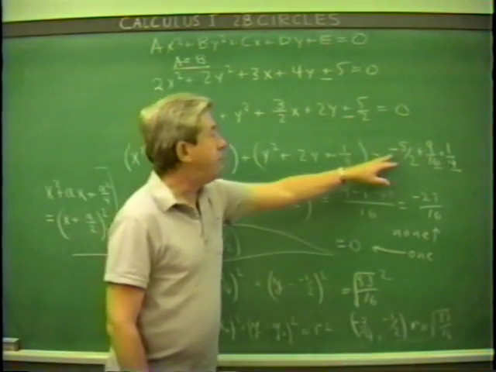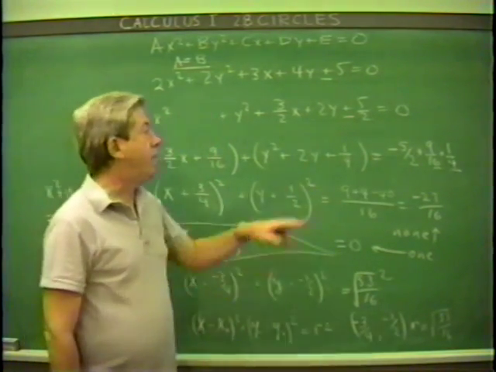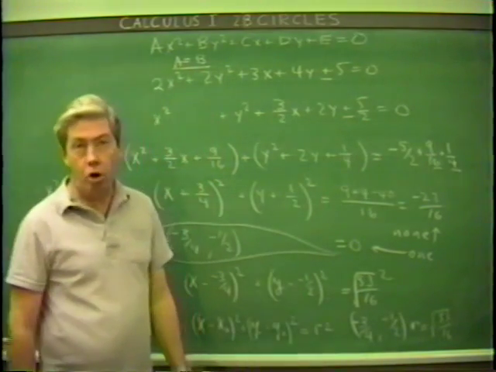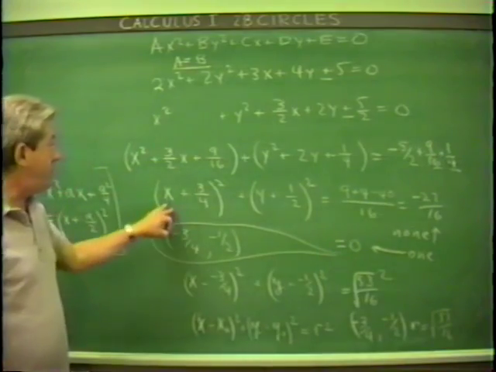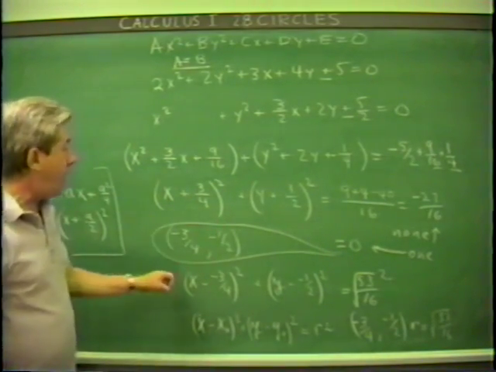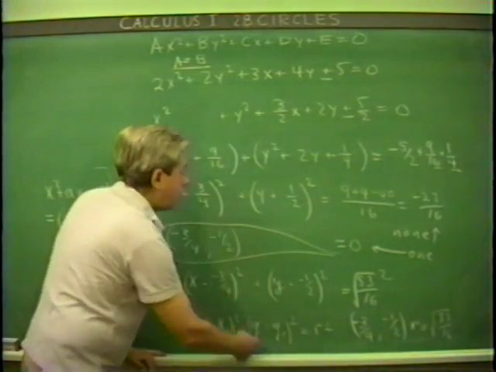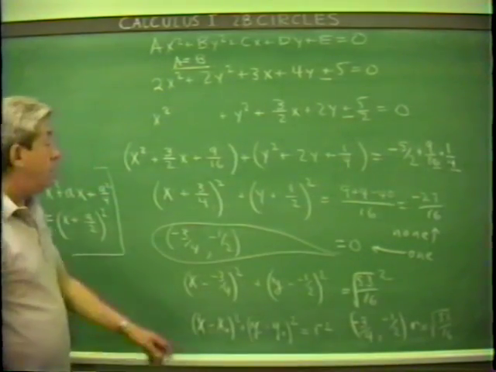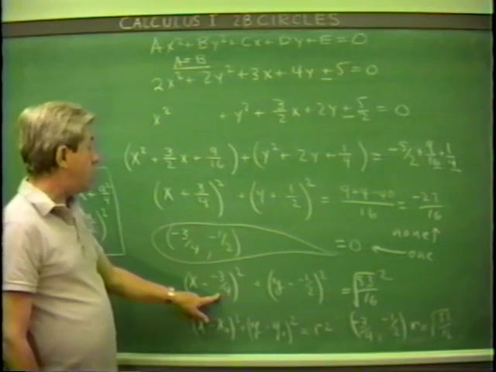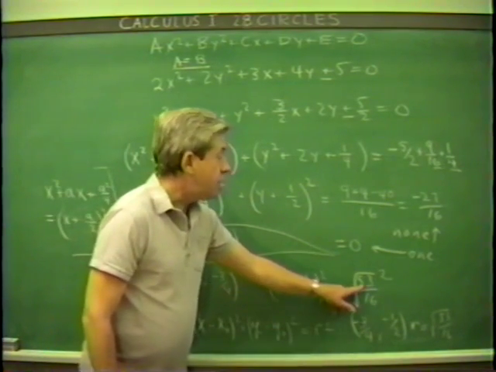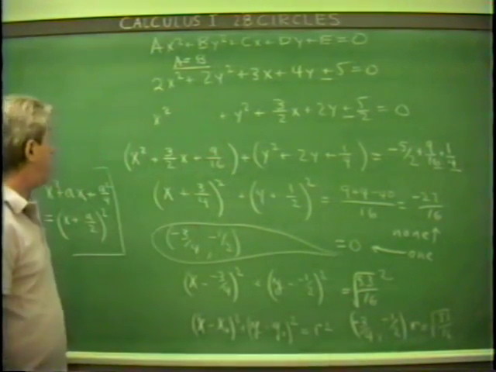If we end up with a negative number when we're done with this, it's going to have no graph whatsoever. There are going to be no points x and y that satisfy it. If we end up with 0, we're going to have 1 point that satisfies it. And if we end up with a positive number, then we're going to have the equation of a circle centered at the point given like so, with a radius r equal to the square root of that number.